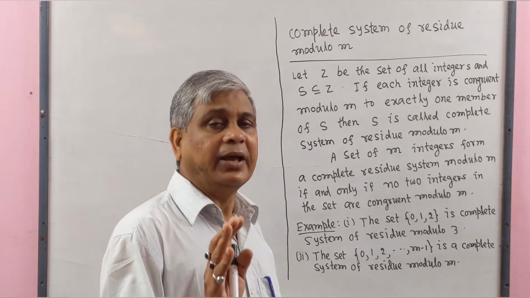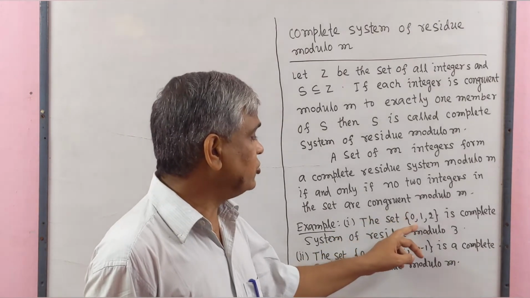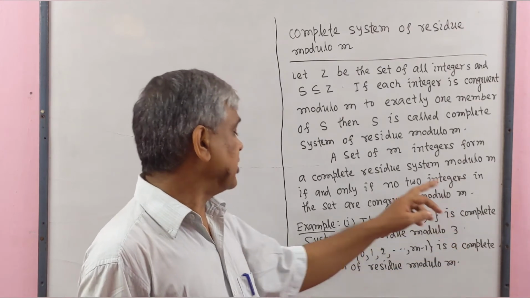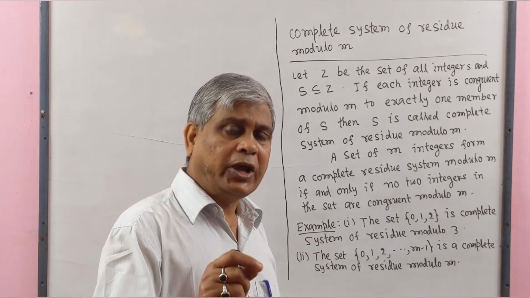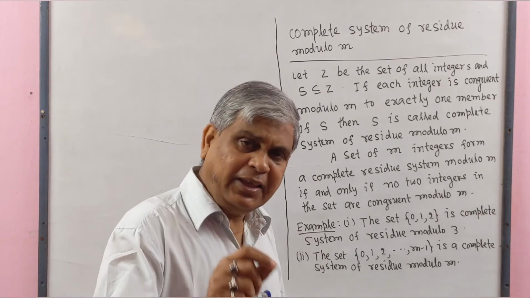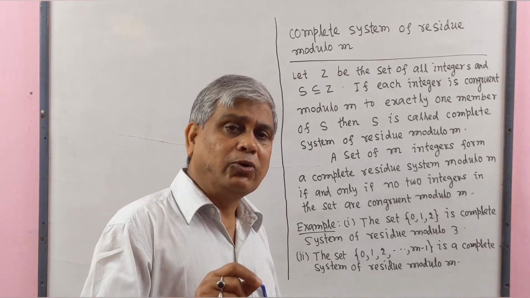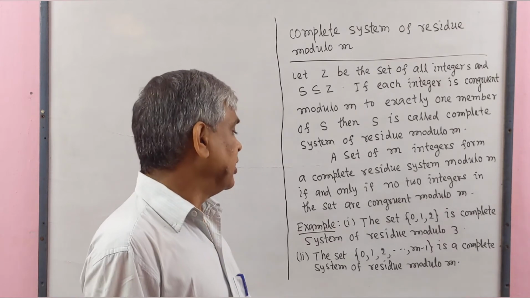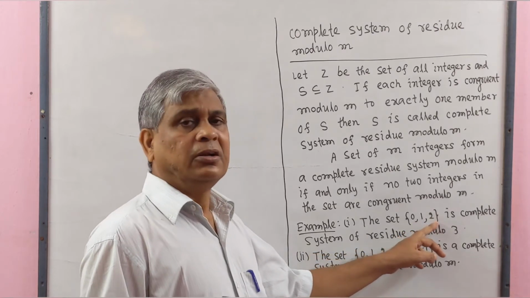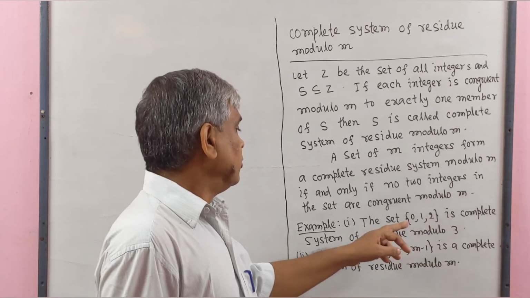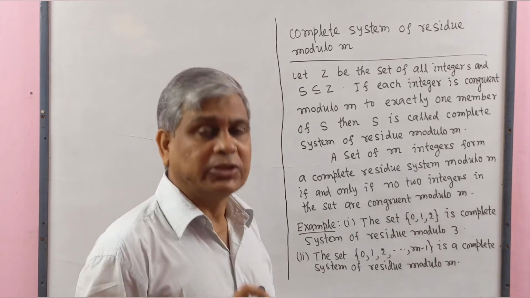Now we give some examples. Example 1. The set containing elements 0, 1, 2 is complete system of residue modulo 3. As we have already discussed, each integer is congruent modulo 3 with unique member of this set, and no two members of this set are congruent modulo 3.